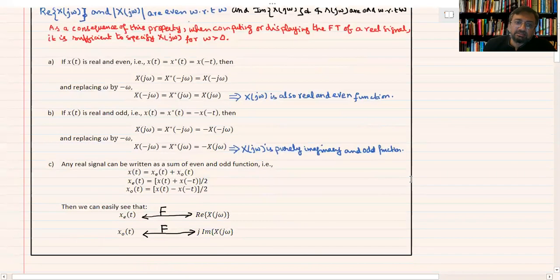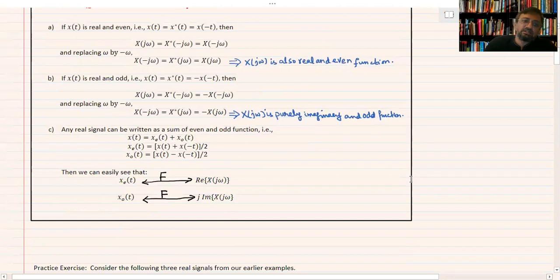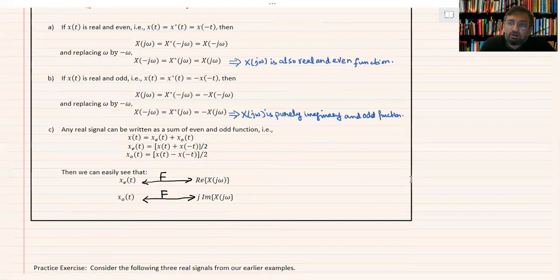And there is another interesting result. Any real signal can be written as the sum of even and odd functions, where the even component of x(t) is the sum of x(t) and its time reversed signal, scaled by 1/2, and the odd component is x(t) minus the time reversed signal, scaled by 1/2.